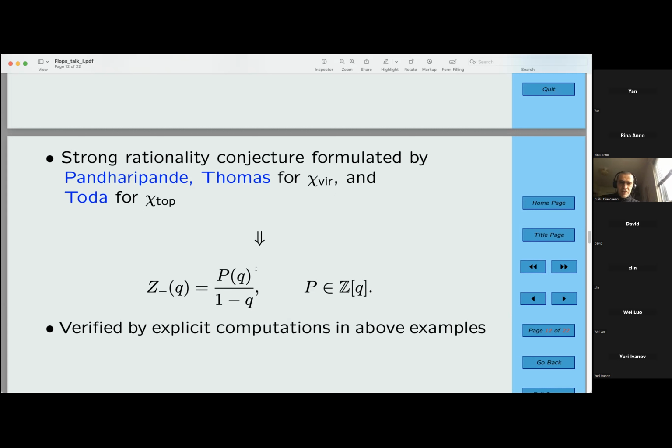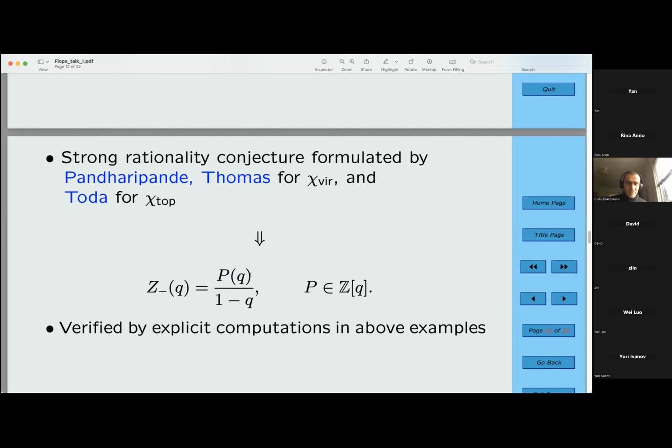For space curves, again, this is a more mysterious question. We don't know exactly what the correct filtration is, or if there is an explicit construction of a filtration on the homology of the Jacobian that would give us this polynomial P of Q. In the examples we computed, it's interesting because this polynomial has some symmetry properties that are reminiscent of some kind of Poincaré duality, but these are just experimental observations.